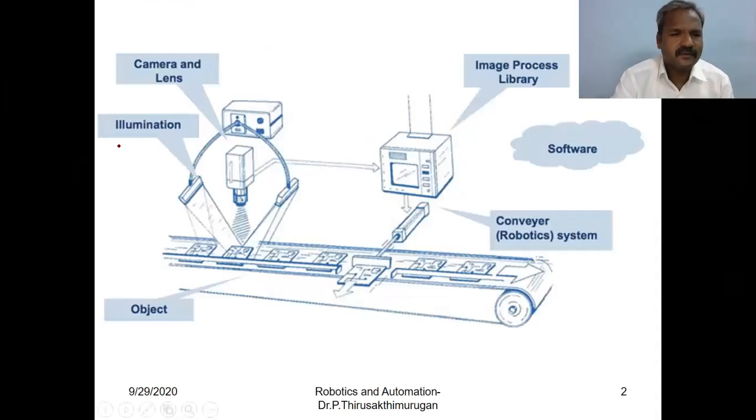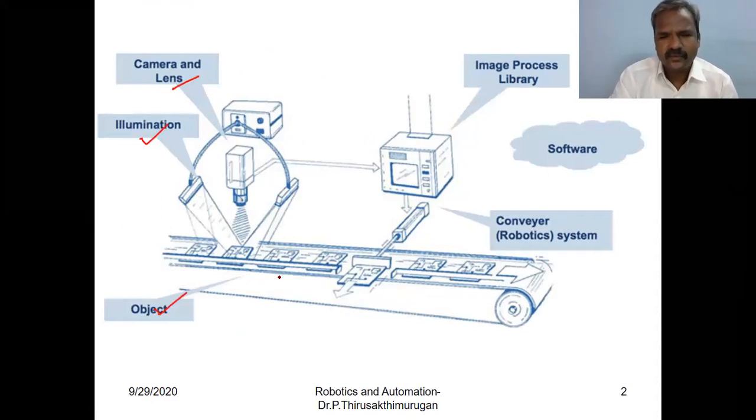Here you can see the camera lens for vision and the illumination for lighting. This is the object placed on a conveyor. This is the controller, a control system with the image processor signal.